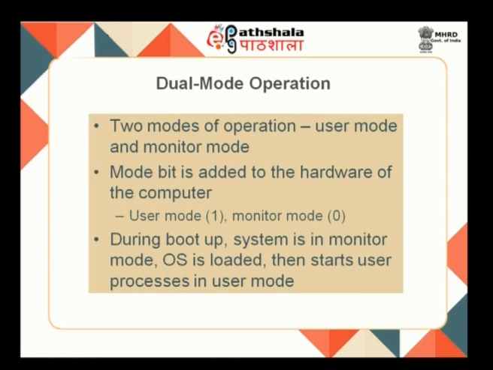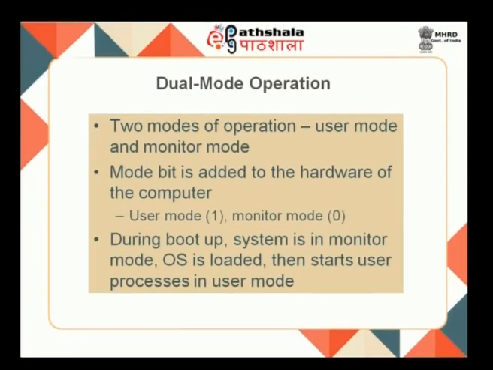Whenever a process is taken for execution, initially it will start running in the user mode. When there is a call to the operating system, say the operating system's code has to be executed as a part of this program, then it will switch to the kernel mode or monitor mode. For example, if some IO has to happen, IO instructions are executed only in kernel mode, and certain privileged instructions are also executed only in kernel mode.